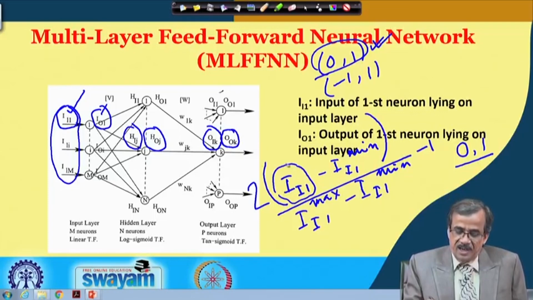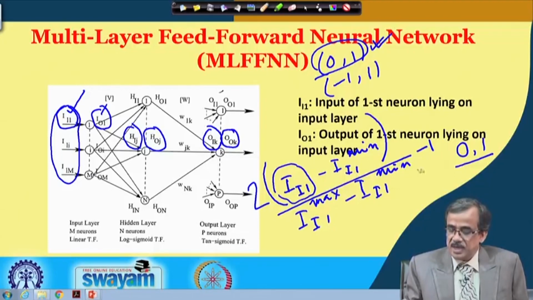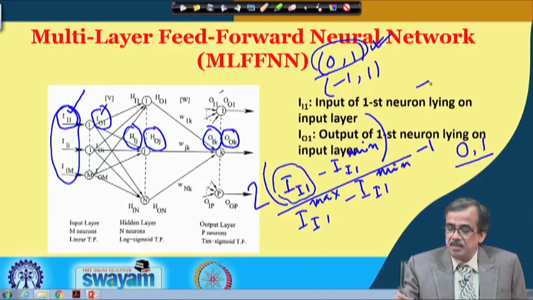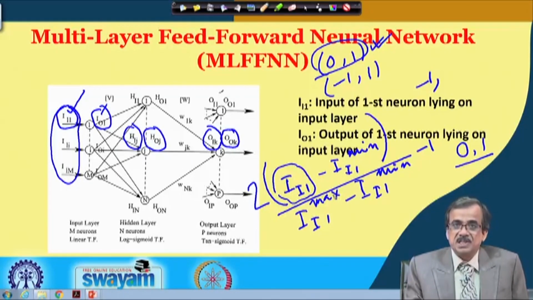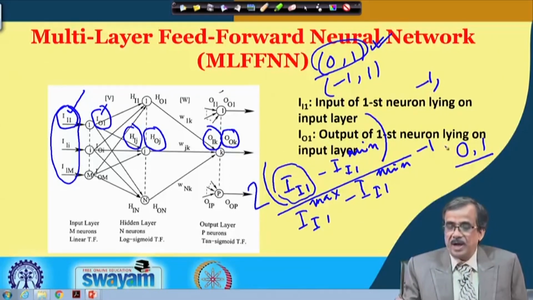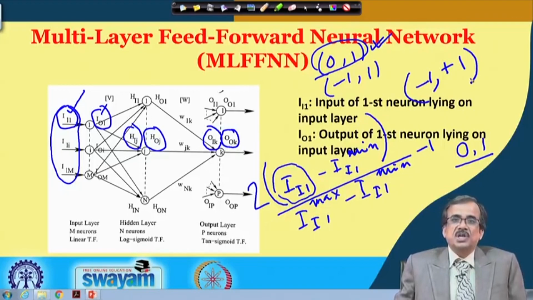If I put I1 equals I1 minimum, I will be getting 0 here, that means I will generate -1. And if I put I1 equals I1 maximum, I will be getting 2 minus 1, which is nothing but +1. So, I can vary this particular input in the scale of -1 to +1.